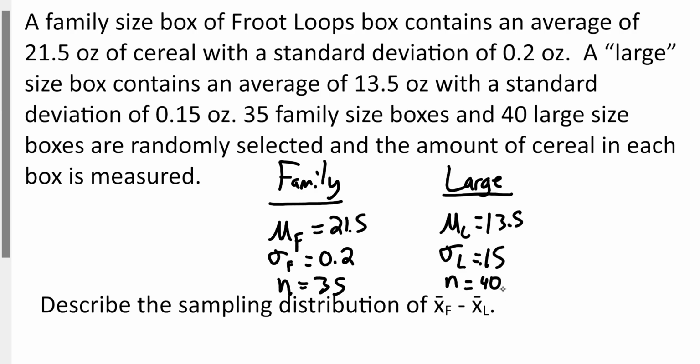Describe the sampling distribution of the difference from family size minus large, the difference in those two. I just want to make note, at this point we don't know anything about the shapes of the population distributions. So if we don't know that, then we're going to have to look for the central limit theorem.